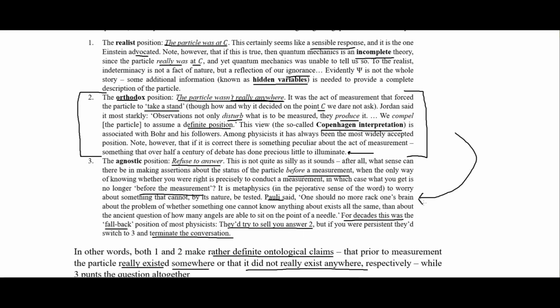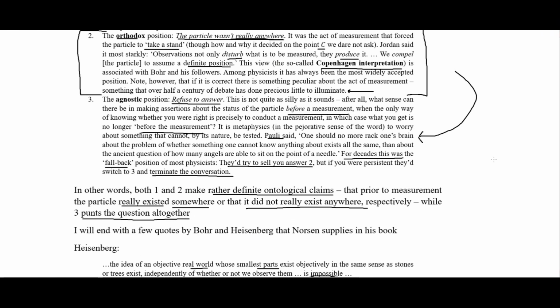You could almost say that's actually the orthodox position, number three, because that's really the shut up and calculate position, whereas number two, as I said down here, does make some definite ontological claim, which is the claim that when something's not being measured, it doesn't really exist anywhere.